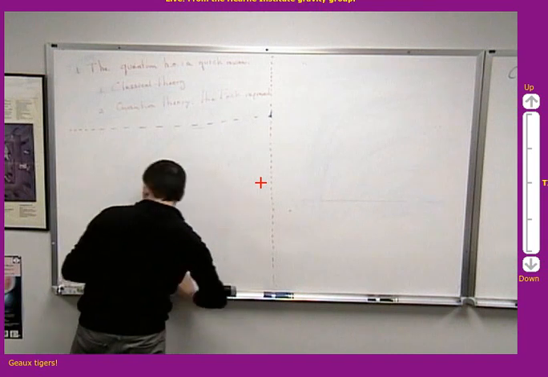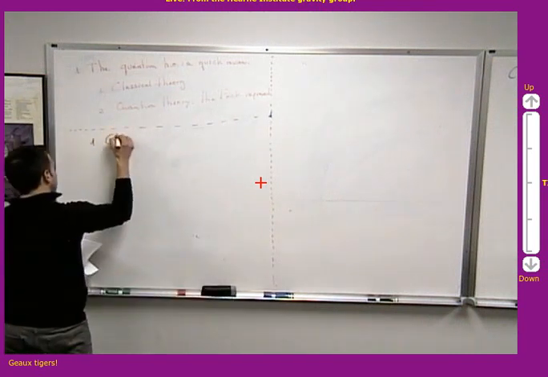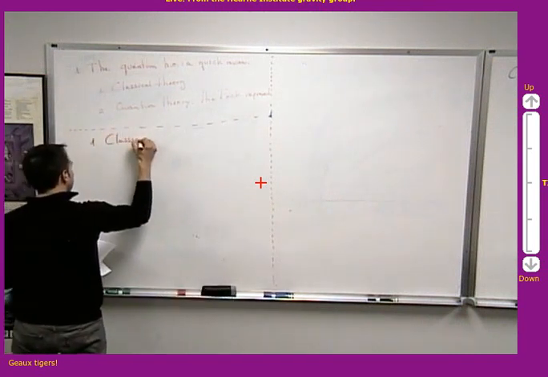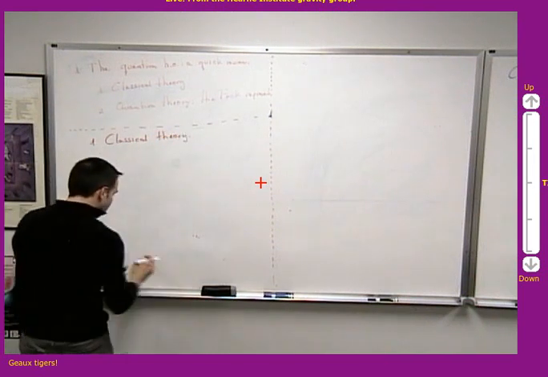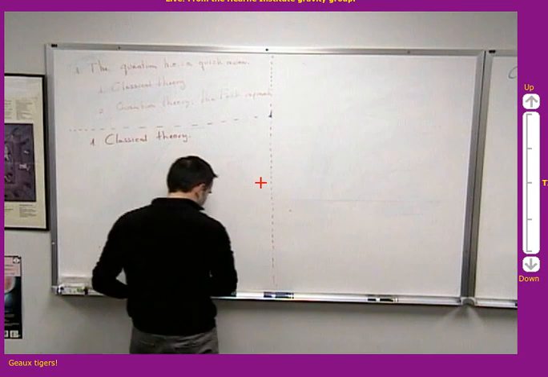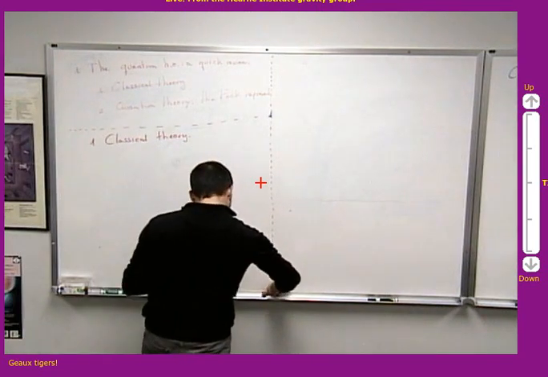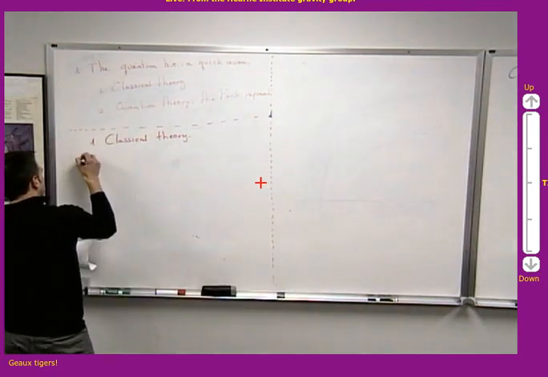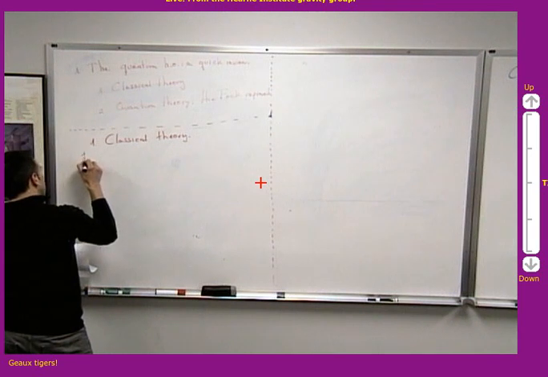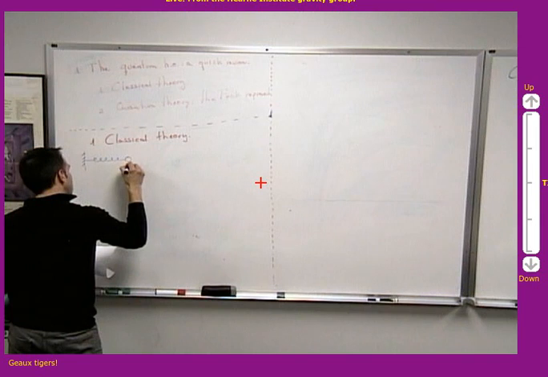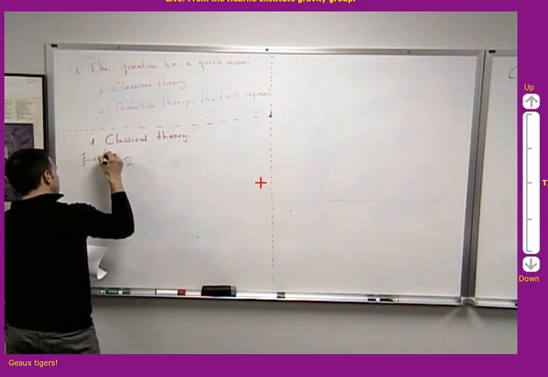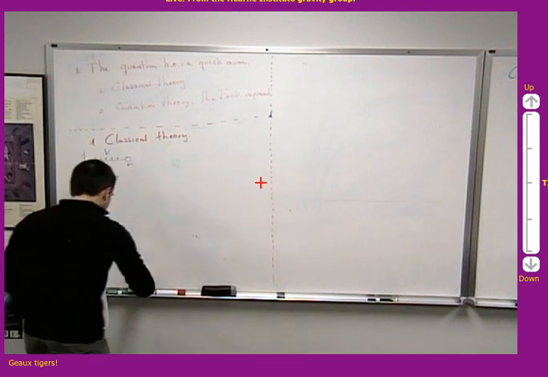So let's start with the classical theory. Here our system is quite simple. We have some particle of mass m attached to a spring with spring constant k, time independent.